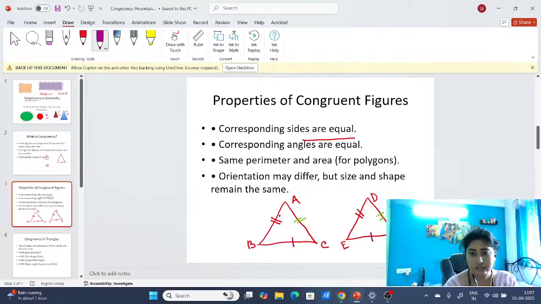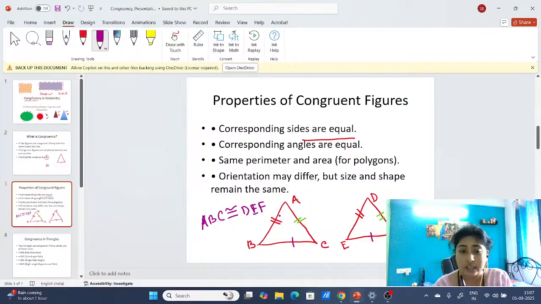Then I can say my ABC is congruent to DEF. But remember one thing, here the order is very important. We have to always maintain this order. Like this, side AB is equal to side DE.